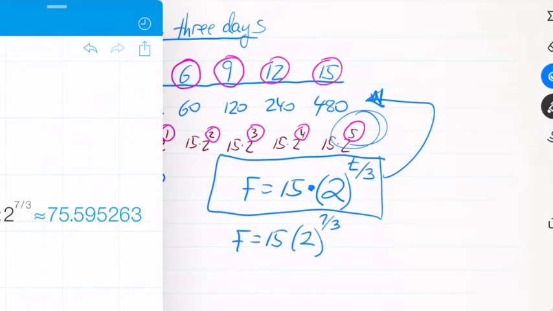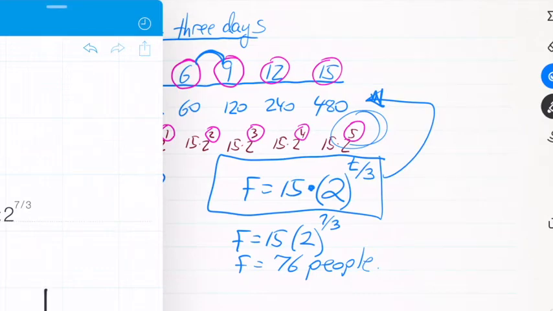And that would be between 6 and 9, and that's pretty much, 76 is someplace between 60 and 120, a little closer to 60. So the future value based on this formula would be about 76 people would be infected with COVID-19 on the 7th day after the day 0. So that's the doubling factor formula.